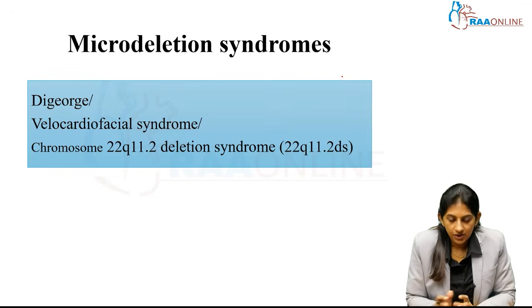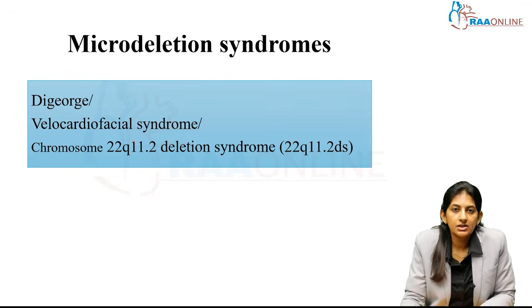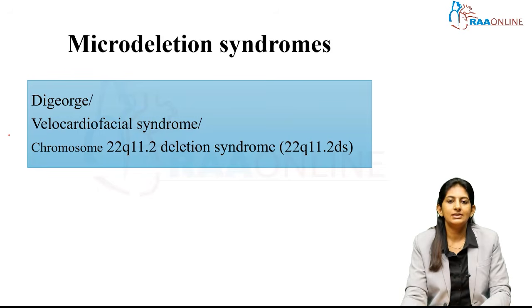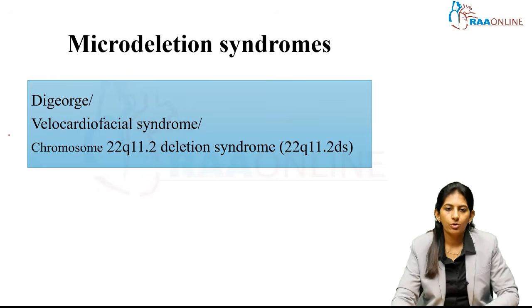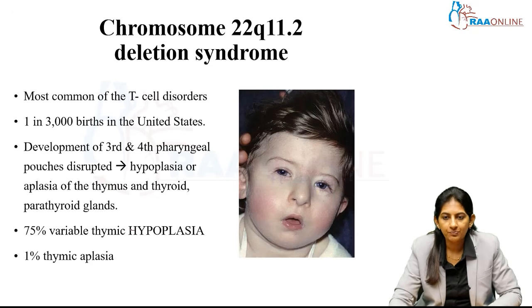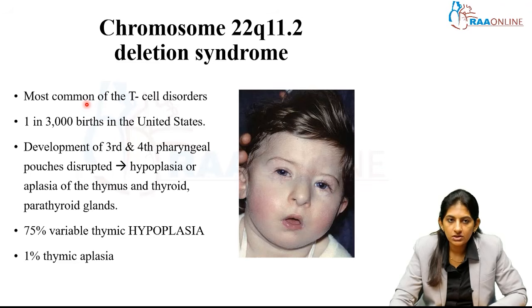So the first microdeletion syndrome that I am going to discuss is the DiGeorge syndrome, otherwise known as velocardiofacial syndrome, or the chromosome 22q11.2 deletion syndrome. So DiGeorge syndrome is one of the most common T cell disorders, and it has a very high incidence, that is 1 in 3,000 births in the United States.